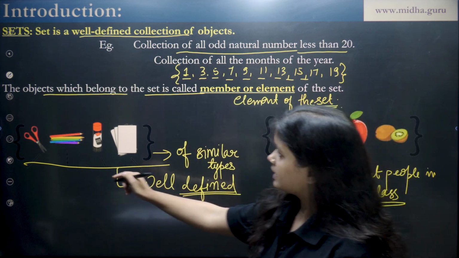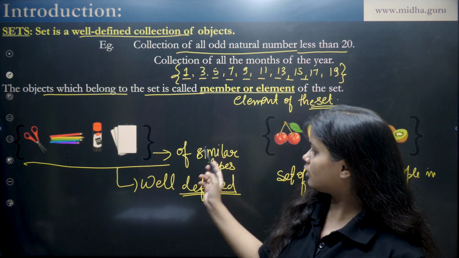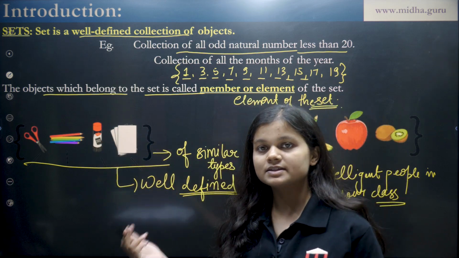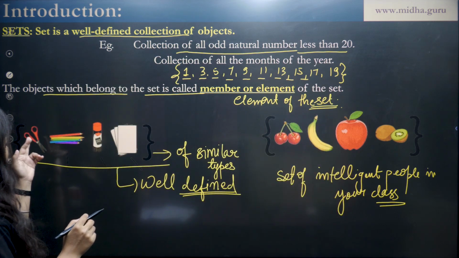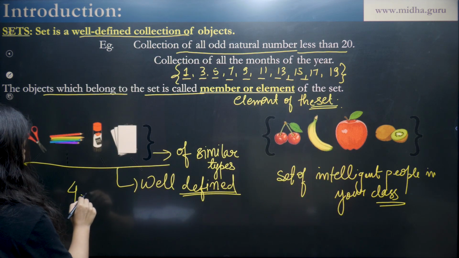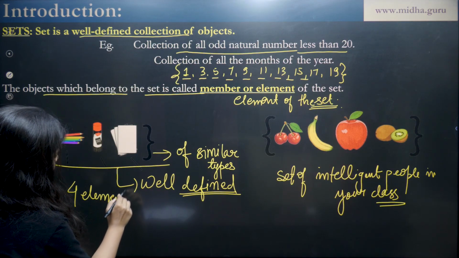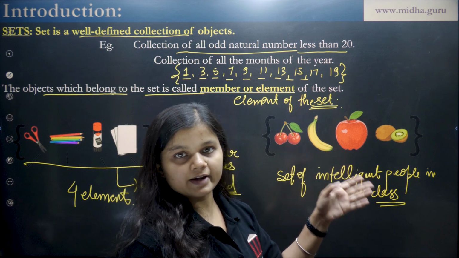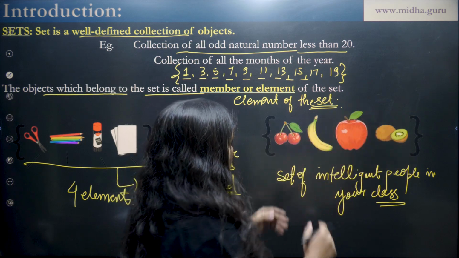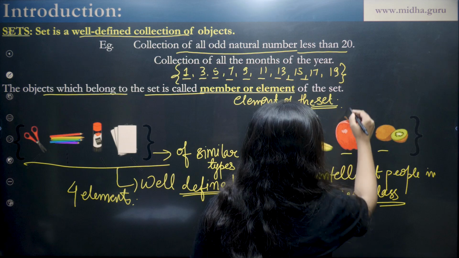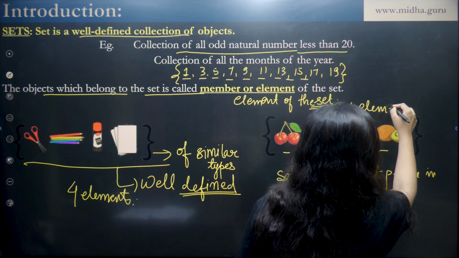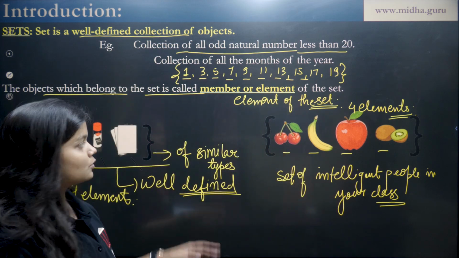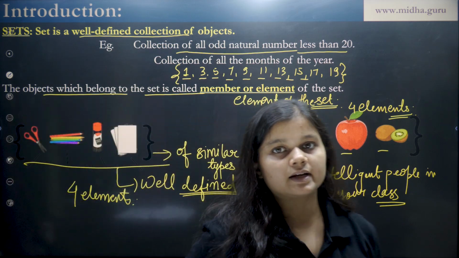For example, this is a collection of stationery objects and it is well defined, so it is a set. And how many elements are there? 1, 2, 3 and 4. So 4 elements. In this example also it is a collection of different types of fruits, and it also has 1, 2, 3 and 4 elements. So these are some examples of sets.